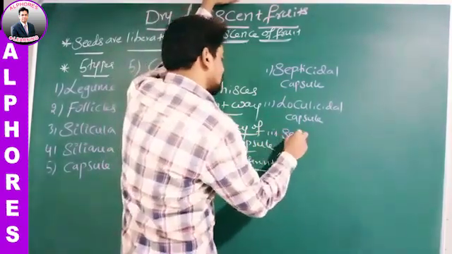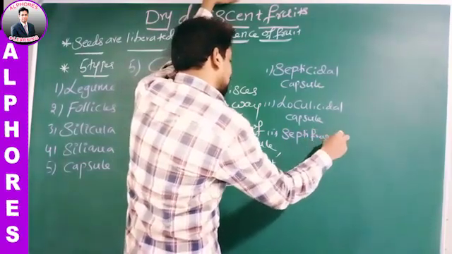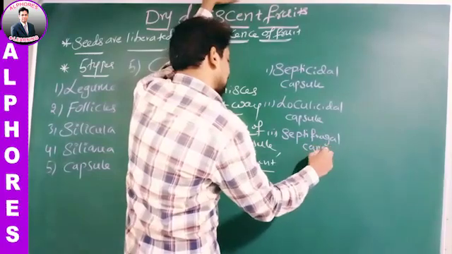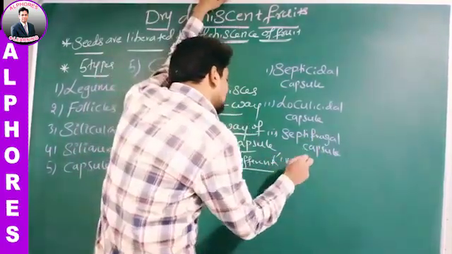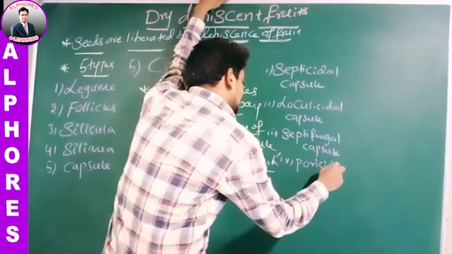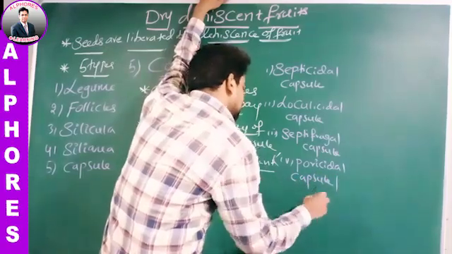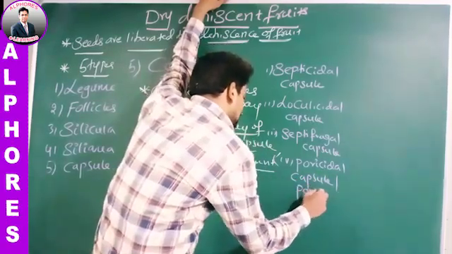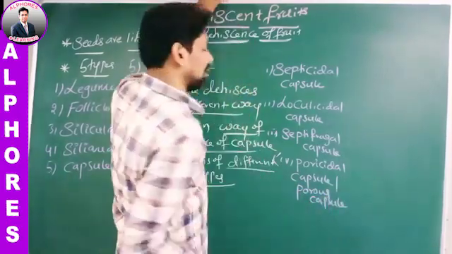What it is, sir? Septifragal capsule. And next one is a poricidal capsule. Sir, this poricidal capsule is also called as a porous capsule. What is another name for poricidal capsule, sir?